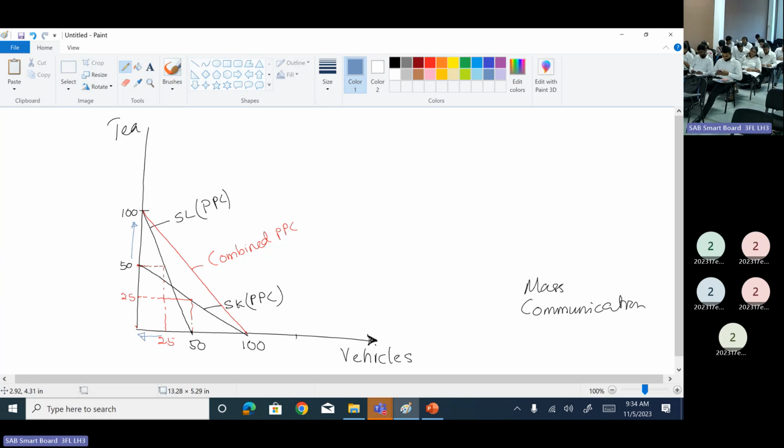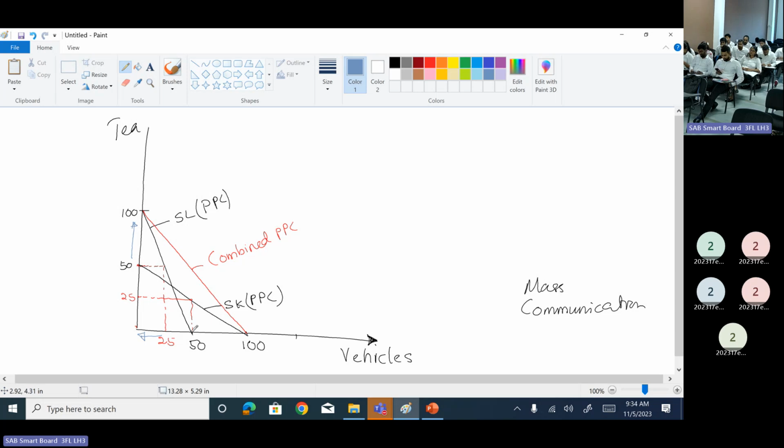Once Sri Lanka is specialized, they increase the production. Tea production increases, only the tea specialty, but vehicle production decreased by 25. When it comes to South Korea, they specialize in vehicles.